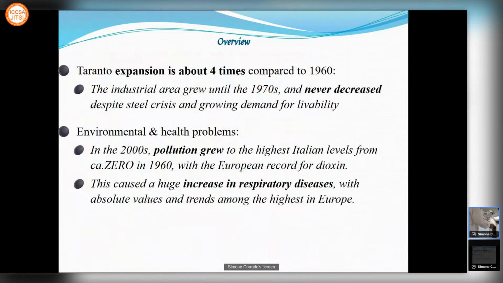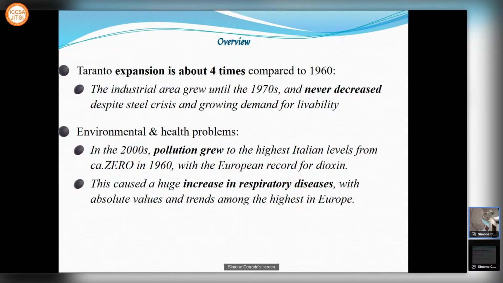Although there were many problems during these decades, the area continued to grow until the late 70s, and to produce pollution. Of course, pollution was not even a problem when the industry was set up.